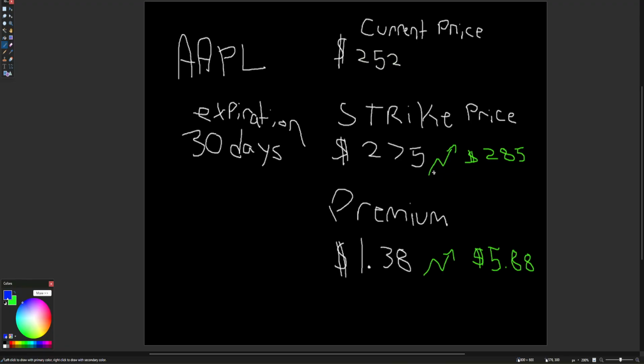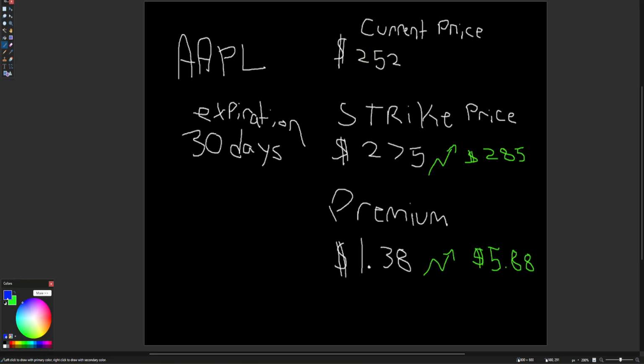The cost of this contract, or the premium, is $1.38. This is the fee you pay to lock in the right to buy Apple at $275. Essentially, you're paying a premium of $1.38 for this contract, which allows you to buy Apple at $275 per share.